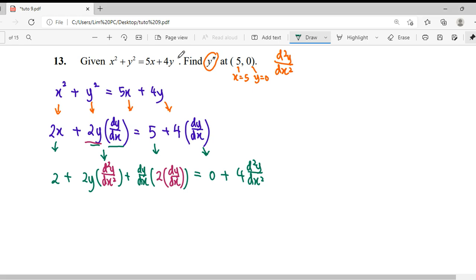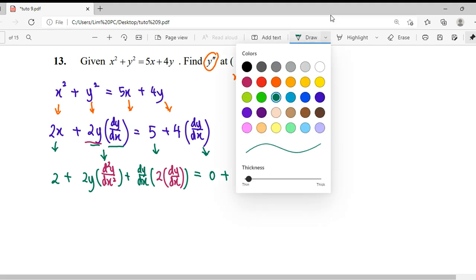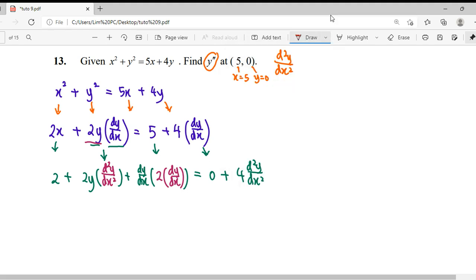Okay, so after we obtain our second derivative and first derivative, we are going to find their value. When they give us a point here, it means they ask us to find that value. So if I want to find this d2y dx squared, what value should I substitute in order to find the result? We must have a y.